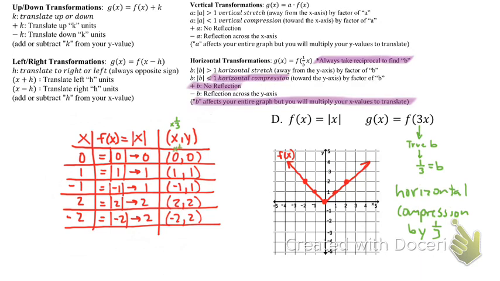0 times 1/3, we are going to have 0, 0. So let's plot that. No change there. And then we're going to have our first x value times 1/3. Again, it's only affecting the x value. So 1/3 times 1, you could throw this in your calculator, but I'll just do the math for you, is going to be 1/3, 1.